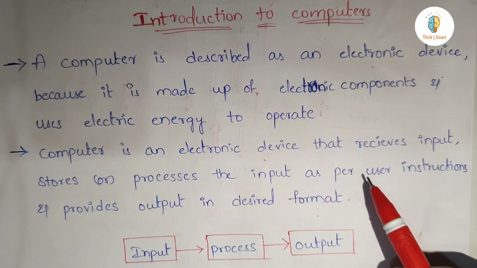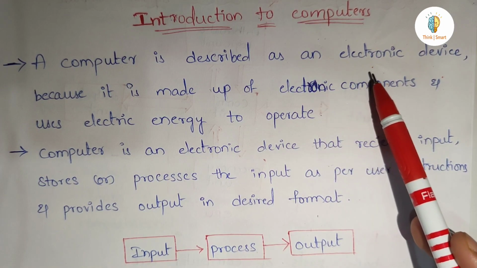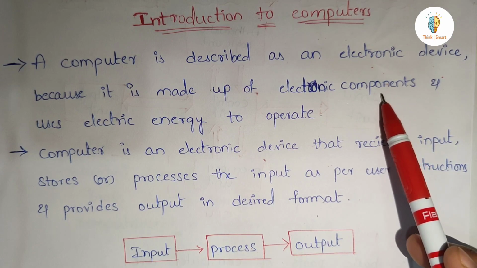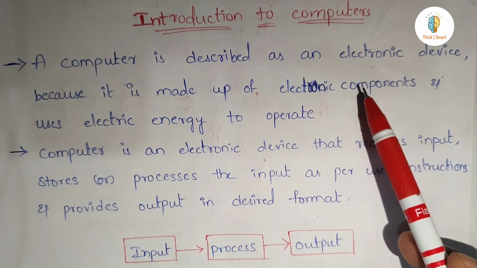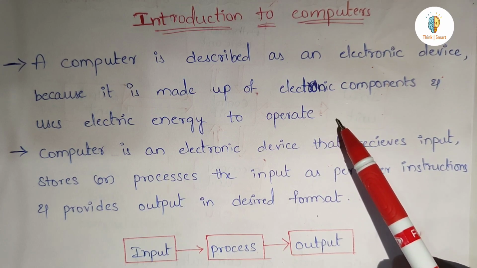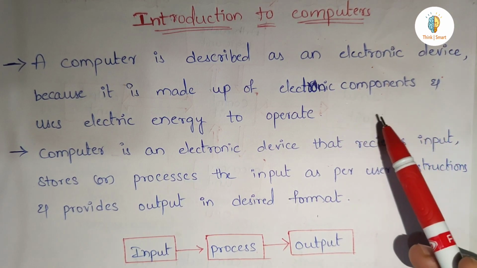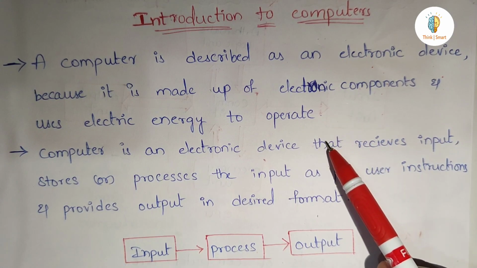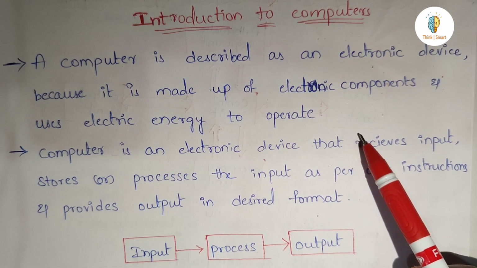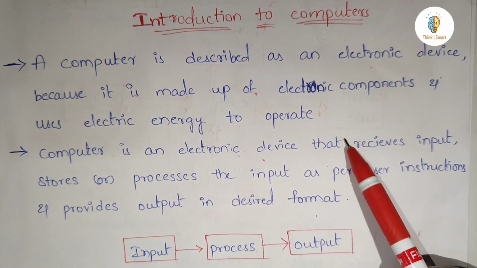In this video, let us learn about introduction to computers and computer systems. Let us learn everything in a simple way. What do you know about computer? See how it was made up of. By using some electronic components such as motherboard and screen, we build computers, right?